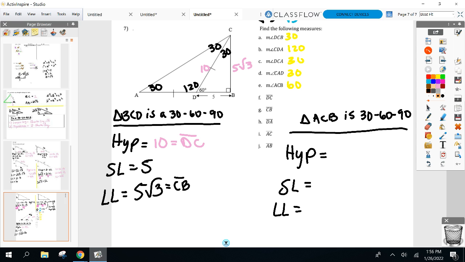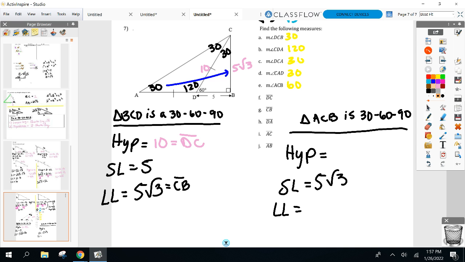Okay, here's the, you ready? Oh, wait. Remember, ACB is the 30, 60, 90 triangle. I should only be given sides from ACB, nothing else. So here we go again. 5 radical 3 is the shorter leg. Does everyone see? Because it's across from the 30. I can only give you sides in that triangle, not any other triangle.